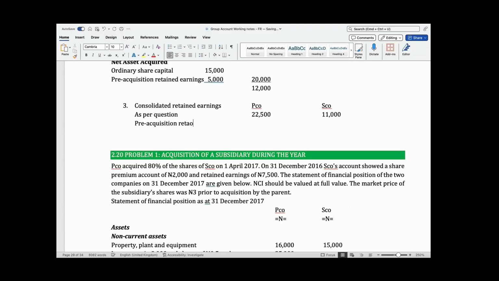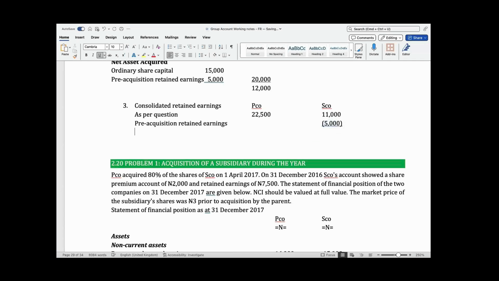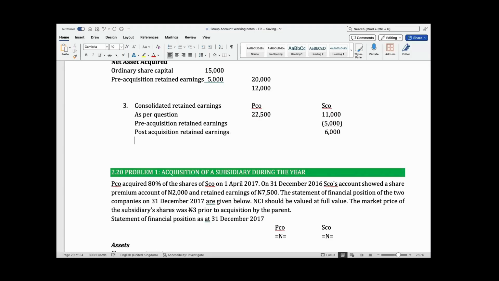Pre-acquisition 5,000. Remaining how much? 6,000. And the what? Don't forget to remove the what?